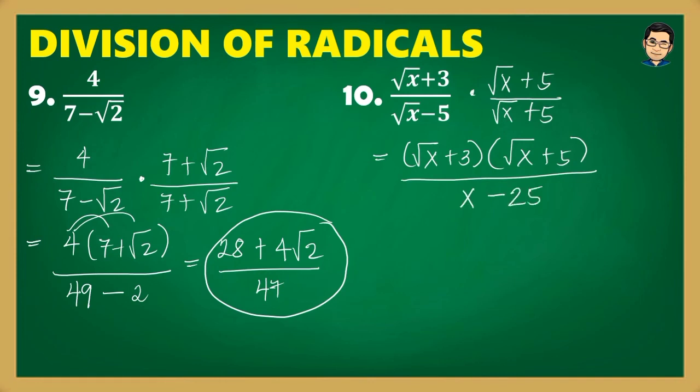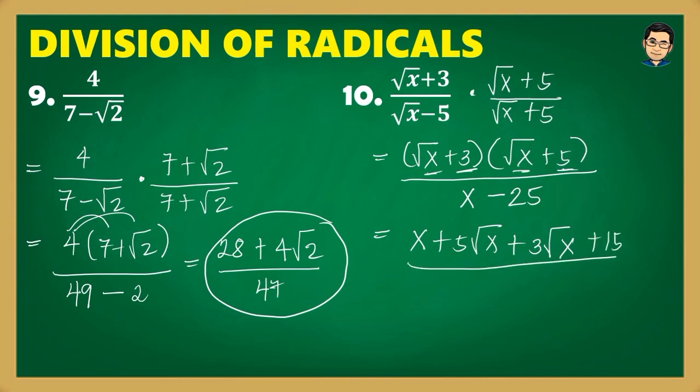So, square root of x times square root of x is square root of x squared. So, square root of x squared is x. Negative 5 times 5 is negative 25. And then using FOIL method, so first terms, so square root of x times square root of x is x. And then outer terms, square root of x times 5, that is 5 square root of x. 3 times square root of x is 3 square root of x. 3 times 5 is 15 over x minus 25.